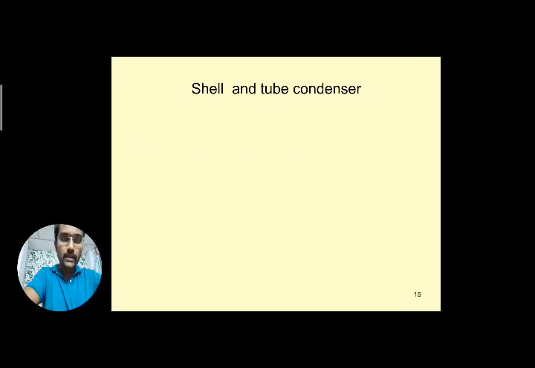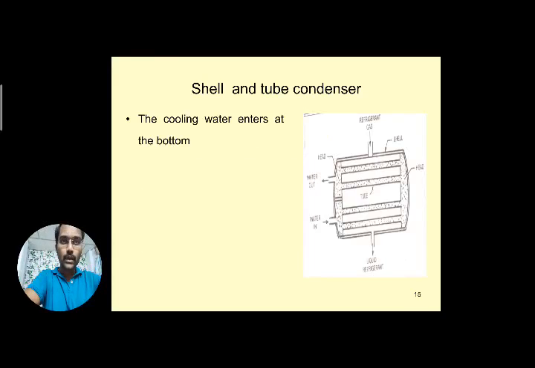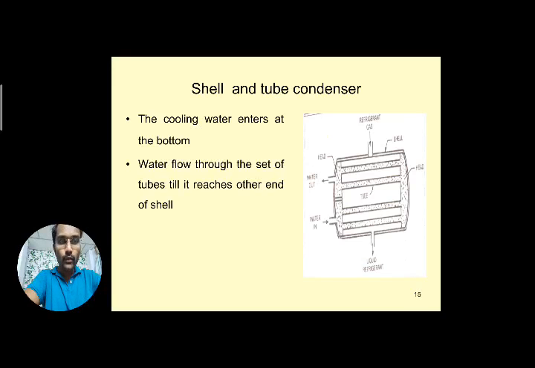Next, the cooling water enters at the bottom. You can see at the side of the shell, it is a complete shell, and in the tubes the refrigerant gas is flowing. The water enters at the bottom and flows through a set of tubes until it reaches the other end of the shell. Between the tubes, the water makes contact around the tubes and reaches the other end, on the right hand side.